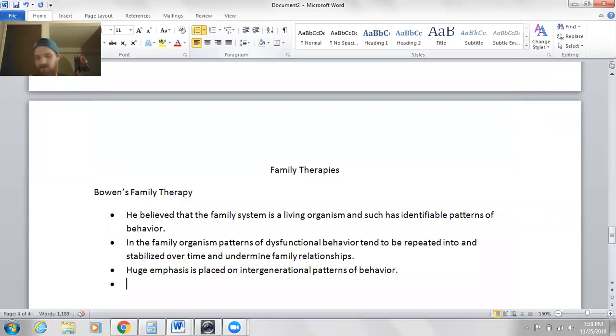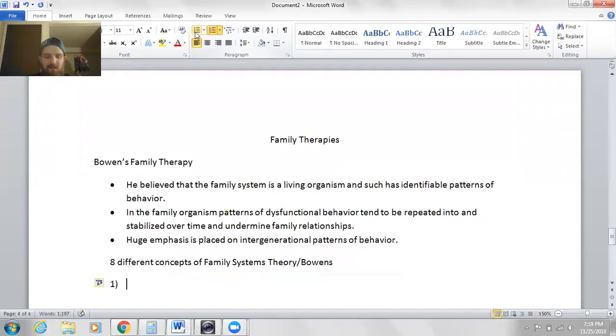So there are 8 different concepts of Bowen's family systems, which often gets tossed around on both of them.